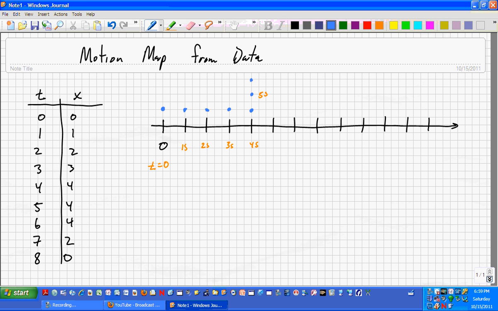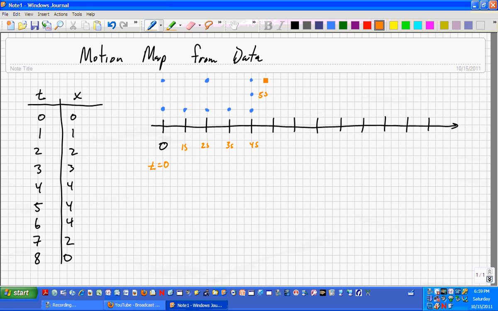And then at 7 seconds, I'm back to 2. So at 7 seconds, I'm here. Again, rather than dropping this down, I just go at a different level to keep track of what's happening at each second. And then at 8 seconds, I'm back at 0.